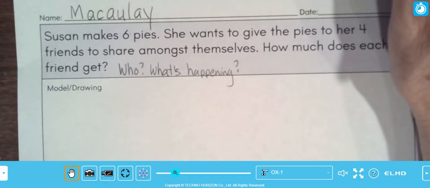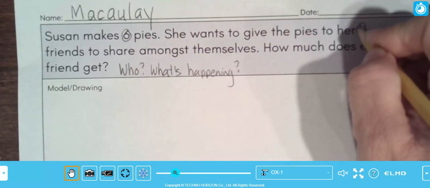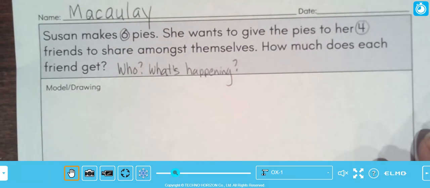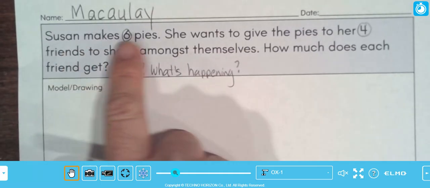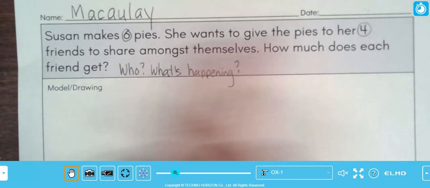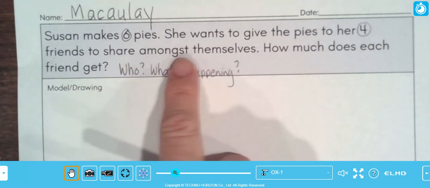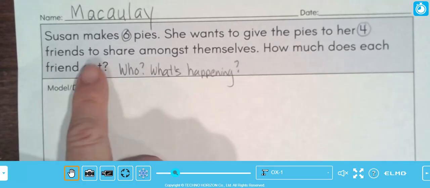All right, next question is what do these numbers mean here? What does 6 mean and what does 4 mean? Okay, so I'm going to read it again. Susan makes 6 pies. She wants to give the pies to her 4 friends to share amongst themselves. How much does each friend get?